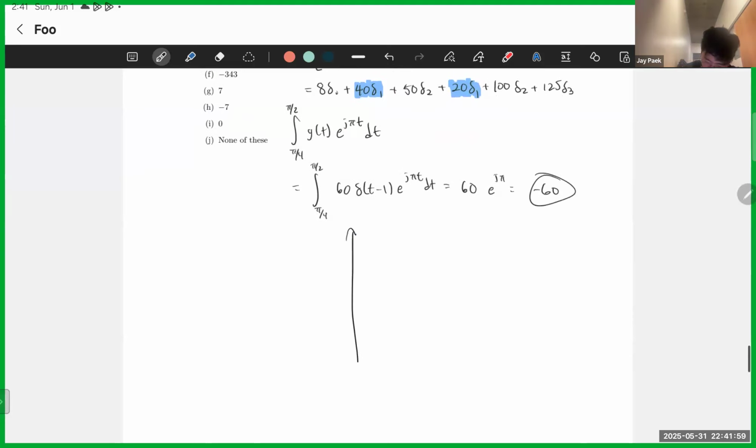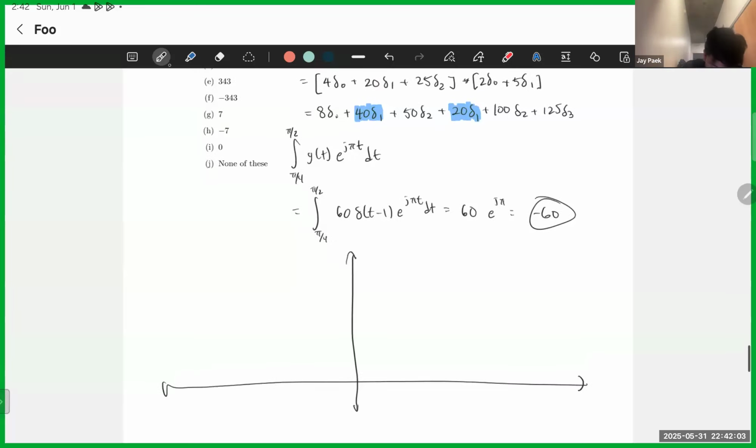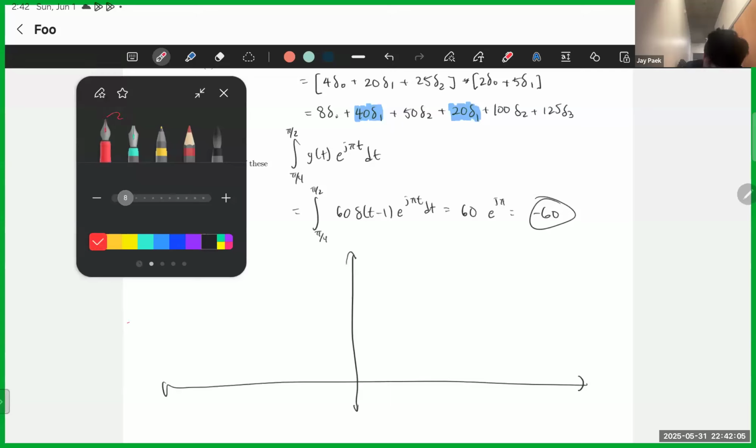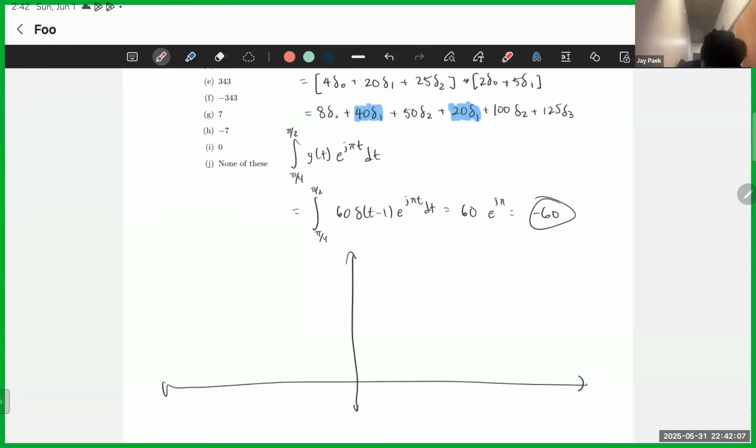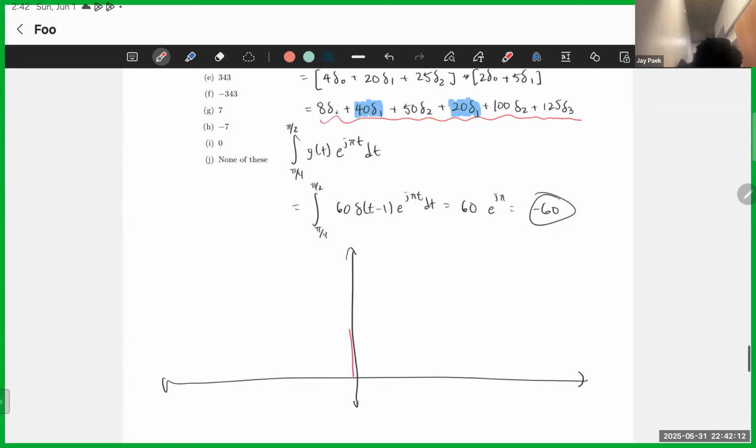I think it's going to be very valuable. So currently, my function is like this. It's some number here. It's some number here. It's just 4 impulses. I'm going to space them out even more. In fact, I'm just going to get rid of half the plane.